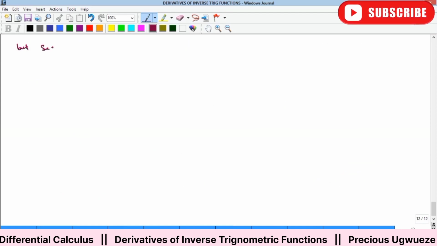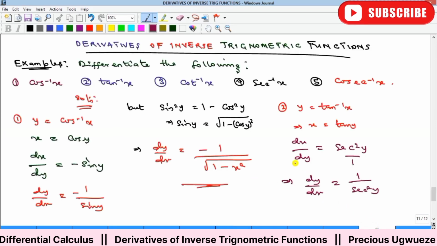Sec squared y is actually equal to 1 plus tan squared y. Why are we using this? Because our tan is directly related to x, and we want to bring back our x into this relation.